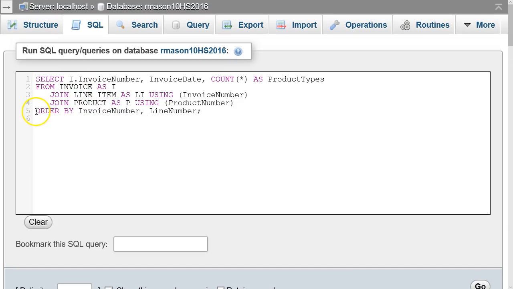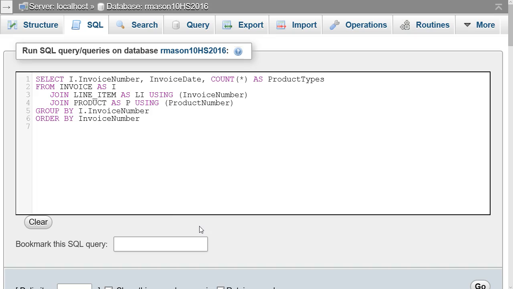But instead of having this order by down here, we can group by i.invoice number, and what that will do is condense those invoices together so that they are grouped together by invoice number, and then it will count how many lines were in that group.